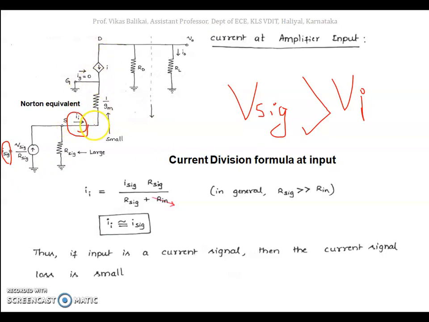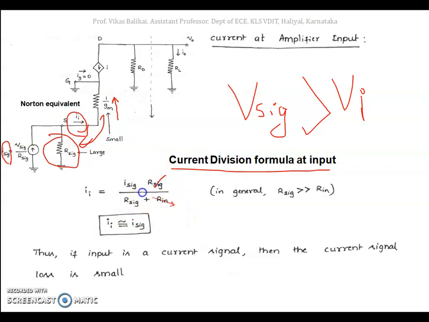The input current is the current that is flowing through the input resistance, which here is 1 by Gm. So let's try to calculate Ii through R in, that is 1 by Gm. How can I calculate it? I can calculate it by using the current division formula. So I sig, that is the master current, multiplied by the other resistance divided by the combination of these two resistances. This 1 by Gm is nothing but R in, which is very small, in terms of kilo ohms, so it can be ignored.